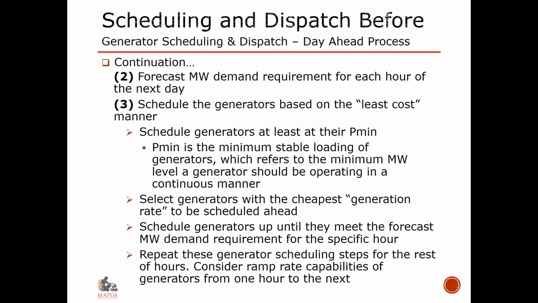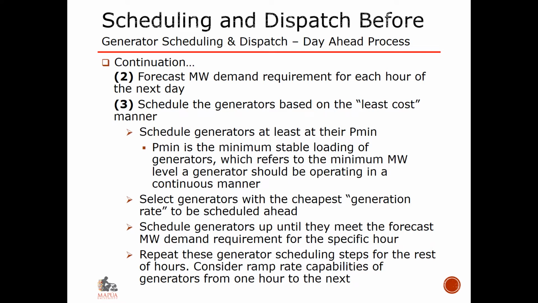So these are typically for conventional generator plants. When I say conventional, these are thermal plants that use heat to produce steam and eventually drive the turbines for us to have generation output.